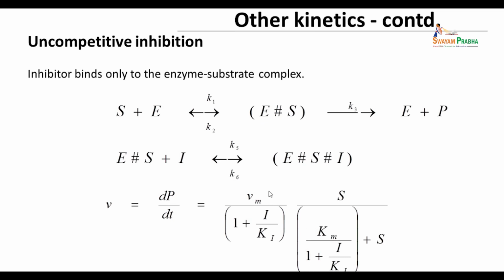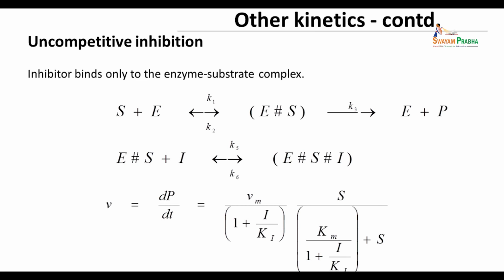As you can see here, Vm S by (Km plus S) was the original expression. Vm by (1 plus I by Ki) is the parameter here. Km by (1 plus I by Ki) is the parameter here. Both have been modified for uncompetitive inhibition.